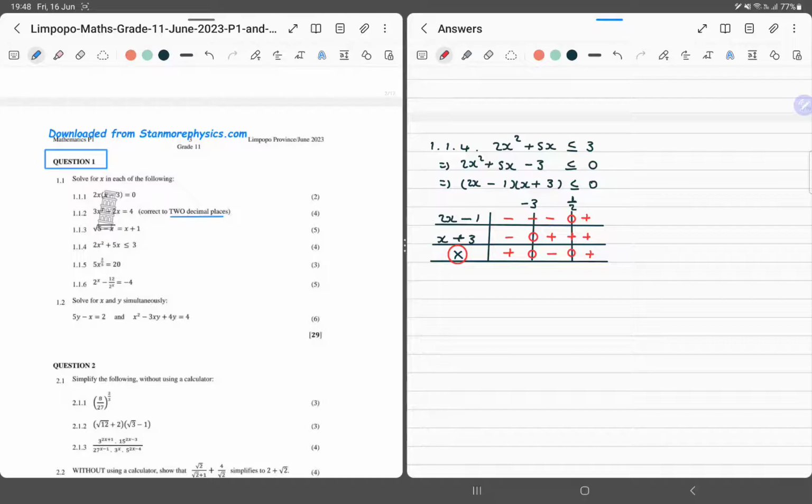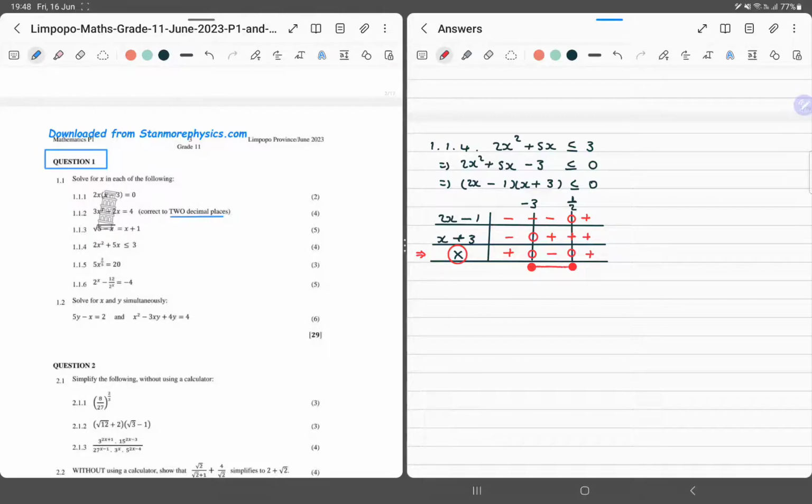So now, remember this is our solutions. We'll read our solutions in this line, okay? So when is this happening? We want 0. So we're getting zeros at minus 3. We're getting zeros at a half, right? So these are included, therefore. So we shade. And then, when is it less than 0? In between them.